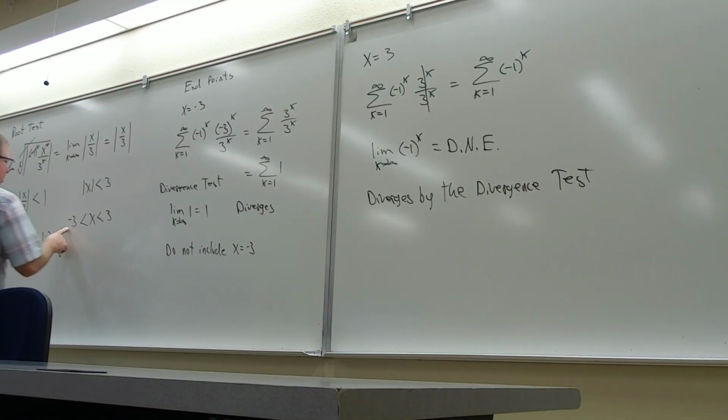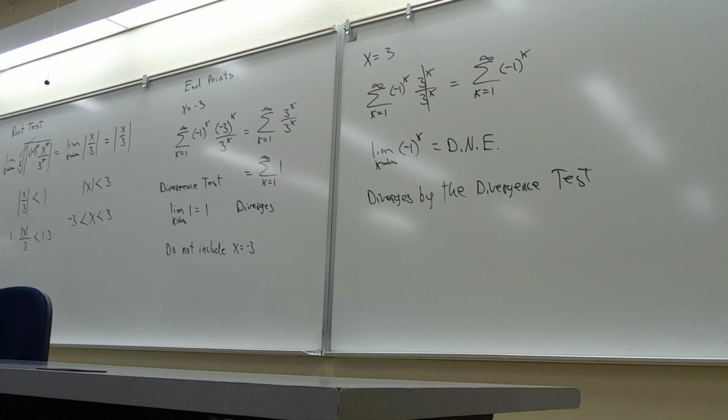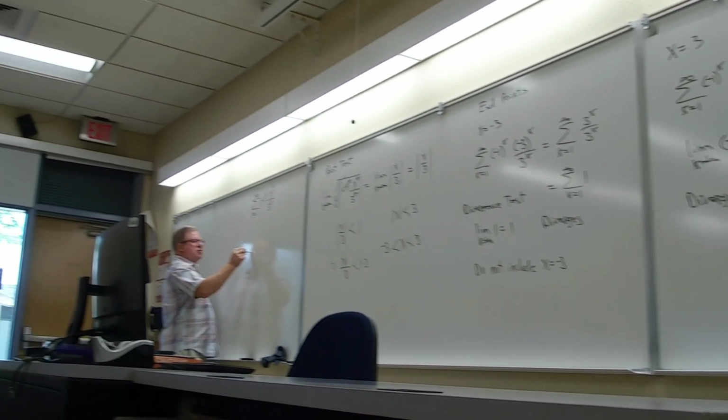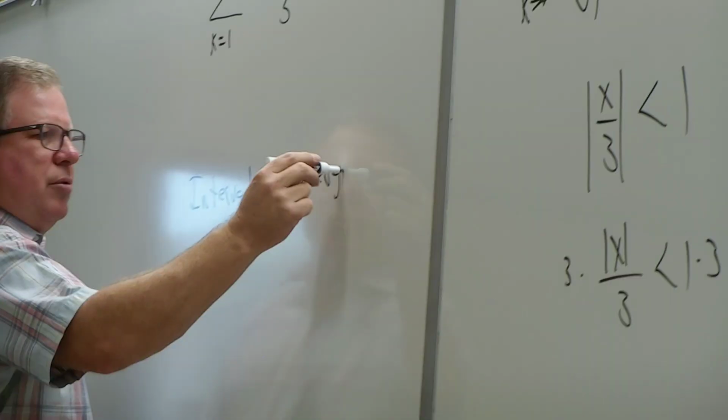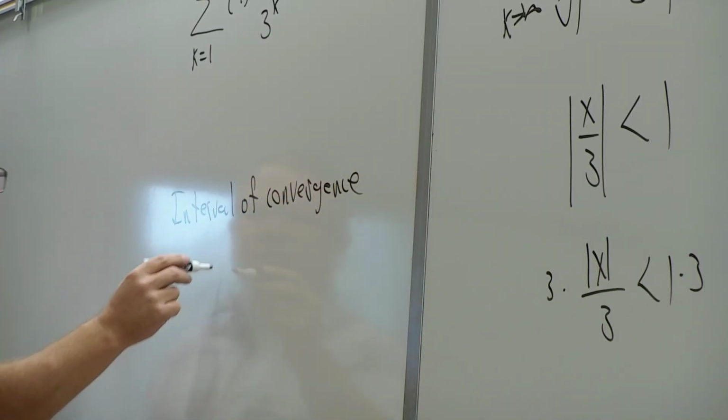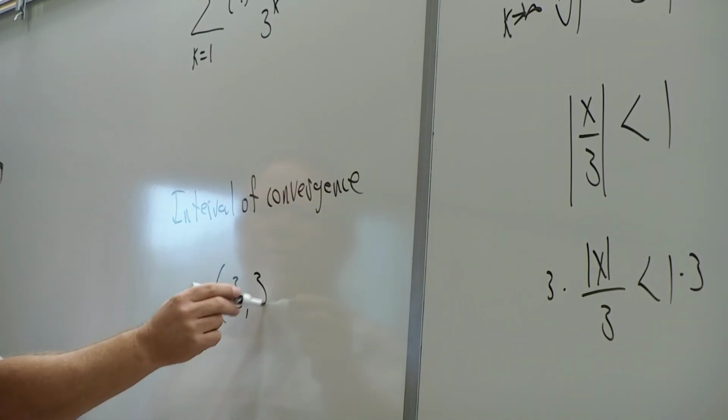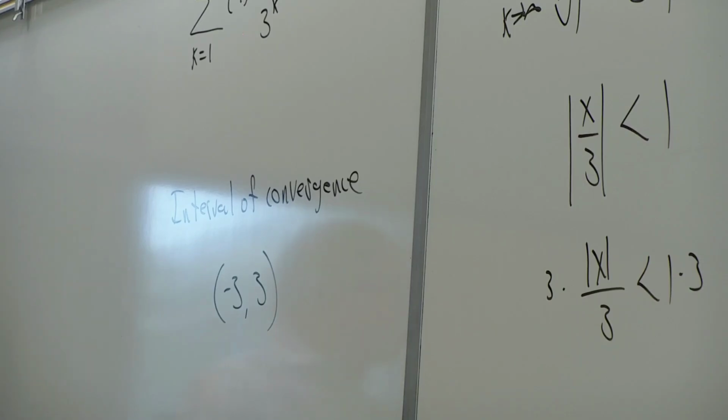So it diverges at -3, and it diverges at +3. That means our interval of convergence is, with parentheses, (-3, 3). If it had converged at either one of those endpoints, we would have put a bracket on that one.